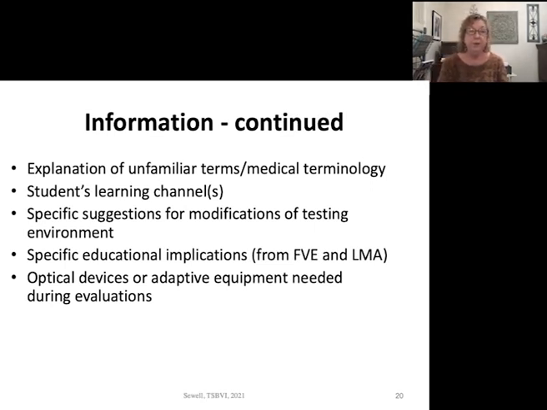You also need to make sure that you give them an explanation of any unfamiliar terms or medical terminology that they might not understand, because a lot of times those doctors' reports are chock full of terms that often people that are outside of our field don't know. They don't know what they mean or how to approach them.